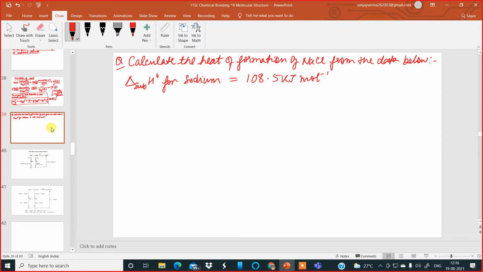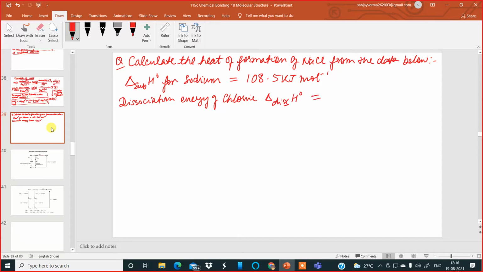Then the next one is chlorine dissociation, because sodium chloride, so you write over there dissociation energy of chlorine, that is delta DISS H naught.